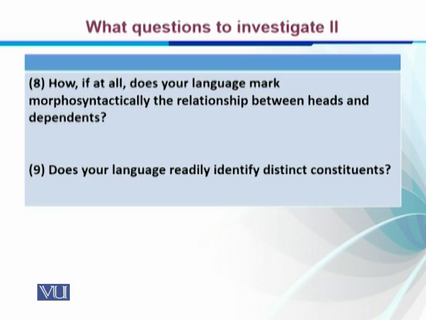So how they are similar, and how these two concepts are different. Does your language readily identify distinct constituents, right? So there are certain markers which tell this is singular and this is plural, this marker is for gender, masculine, this is for feminine. So are these markers clear or not?